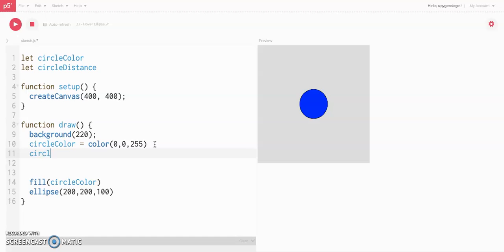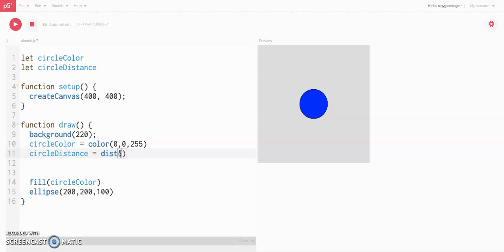We're going to say circleDistance is equal to, and this is something new, you're going to use a function called dist. Dist is a P5 function. Dist figures out the distance between 2 points. So if you're figuring out the distance between 2 points, what you need to supply this with is 4 numbers, the 2 points.